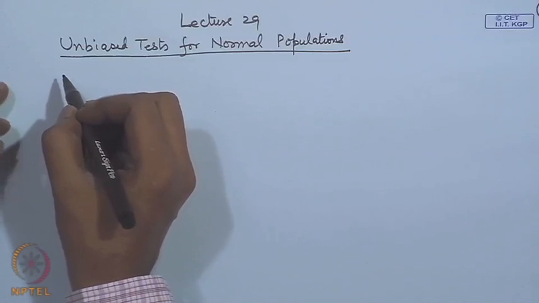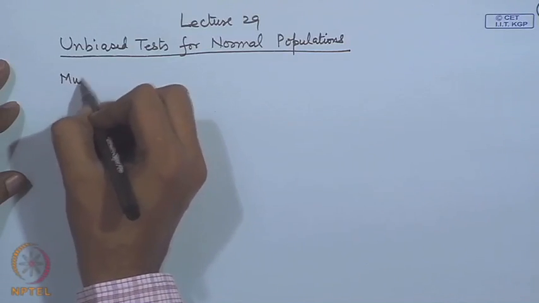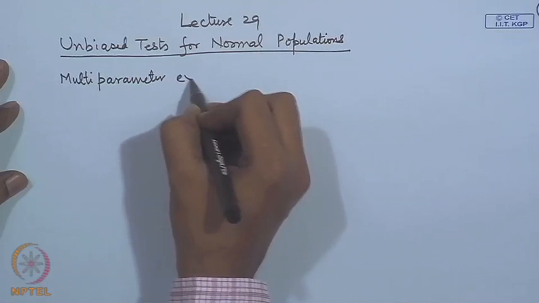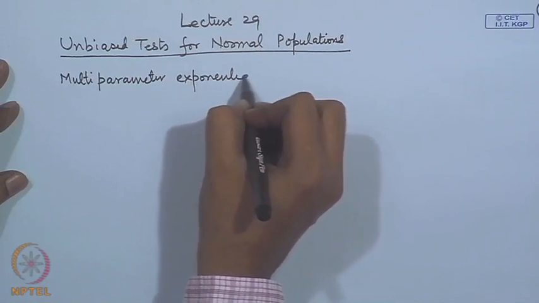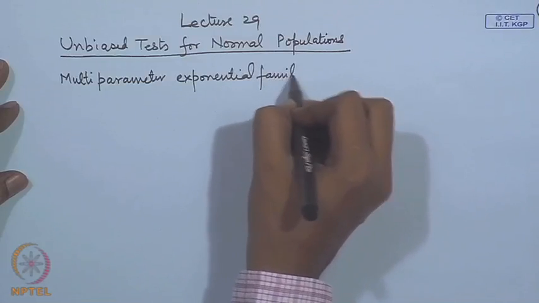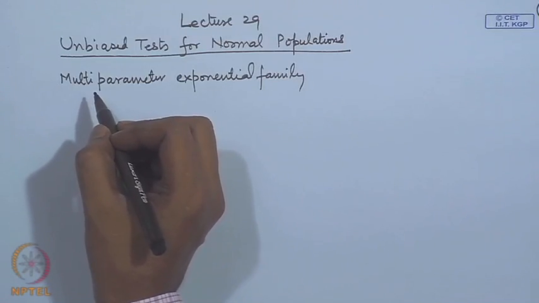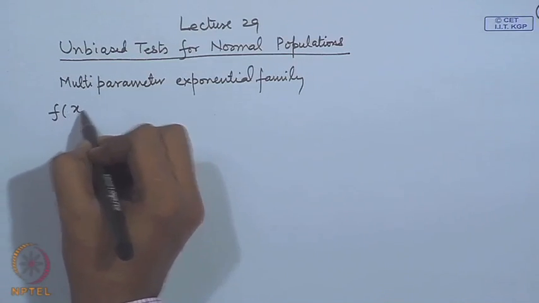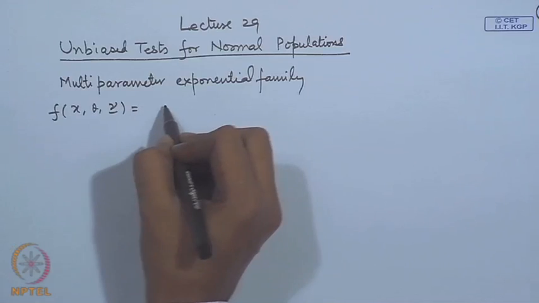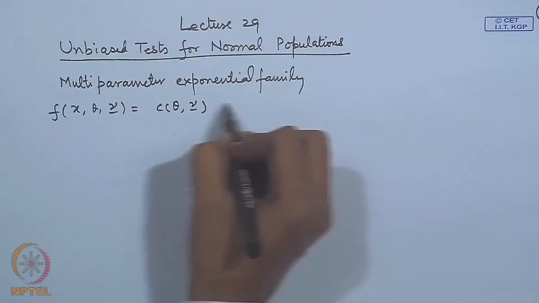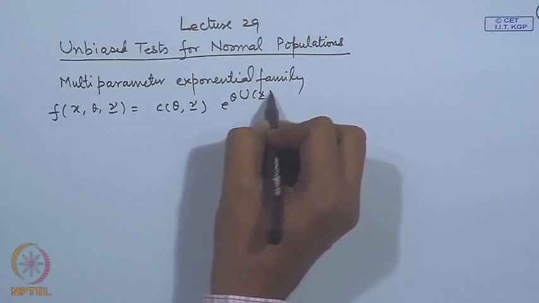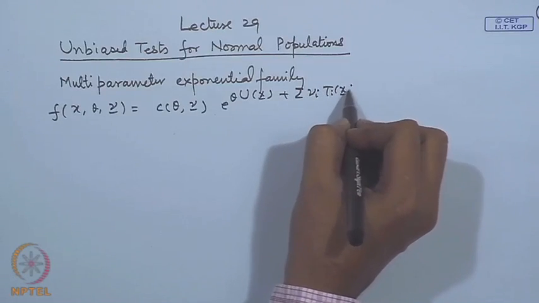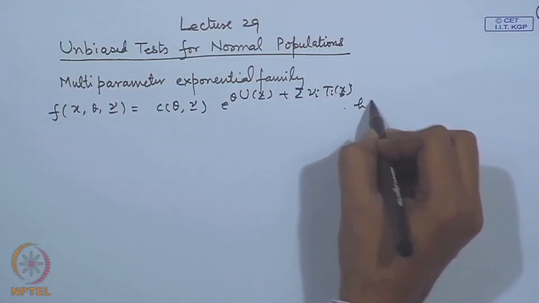So, let us consider the multi-parameter exponential family. The density is of the form, let me write from yesterday's discussion, f(x; theta, nu) equal to some constant times e to the power theta u(x) plus sigma nu_i t_i(x), and of course there will be some term here consisting of x.